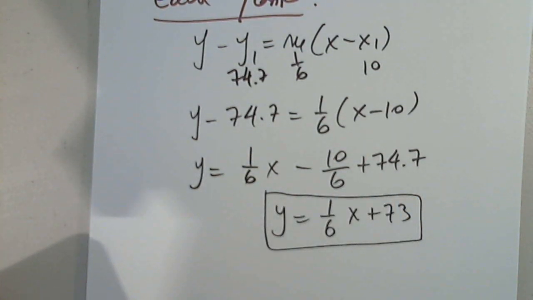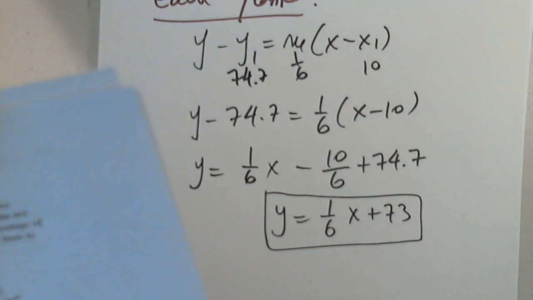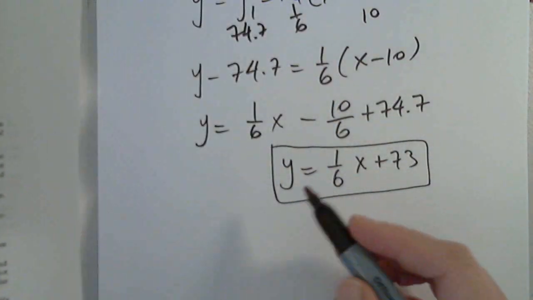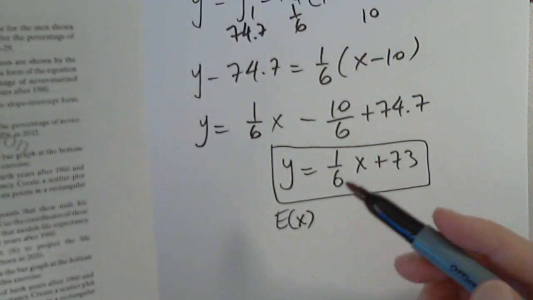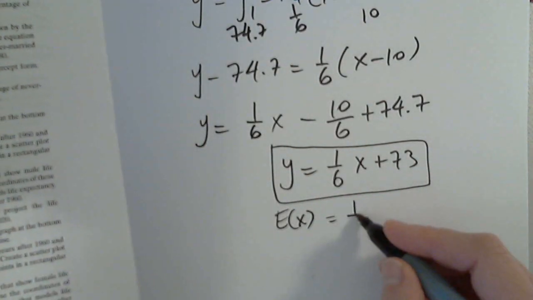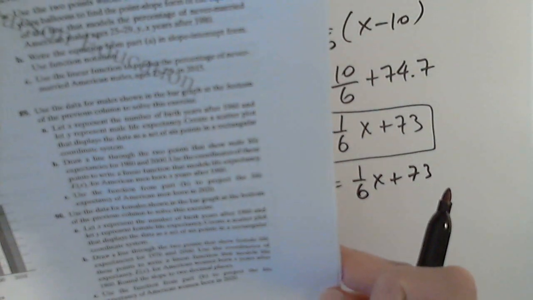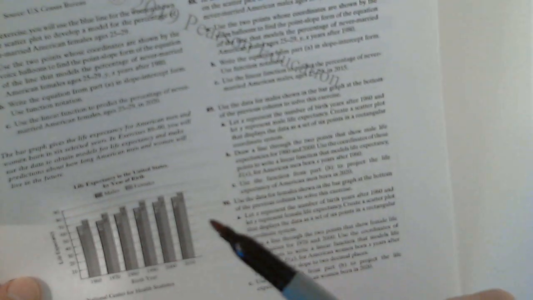So this is the model. Now, coming back to their notation, we can write e of x, because they wanted the y variable to be denoted by e of x. That's fine. That's not a problem.